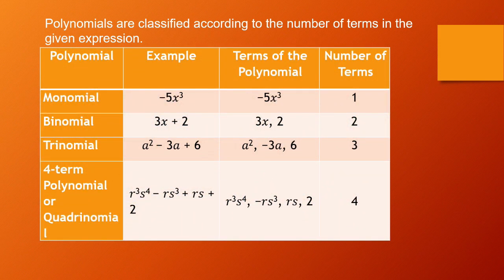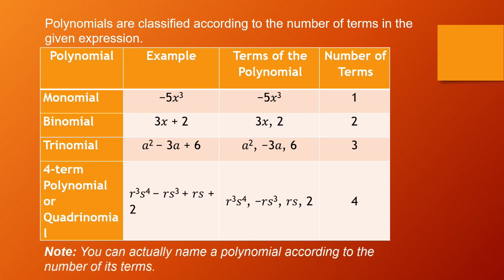And then trinomial, for example, a² − 3a + 6. Terms of the polynomial are a², −3a, and positive 6. The number of terms is 3. And four-term polynomial or quadrinomial, for example, r³s⁴ − rs³ + rs + 2.